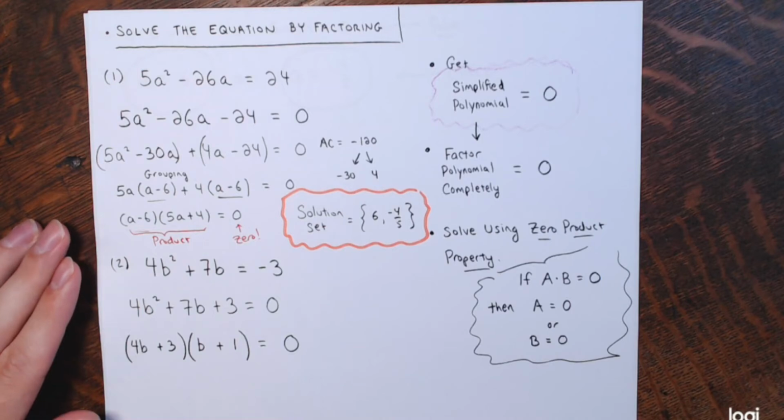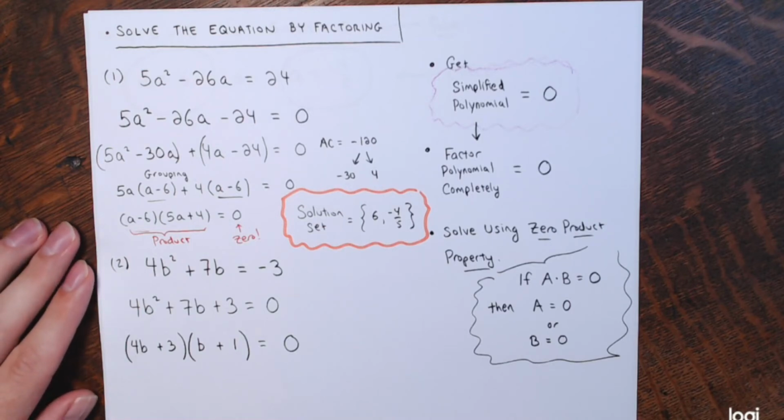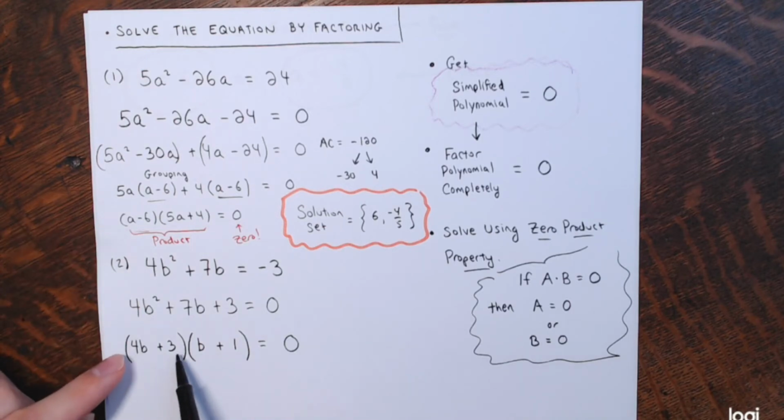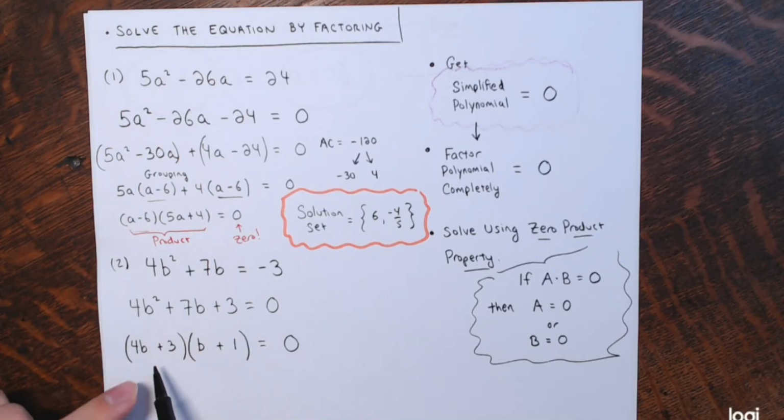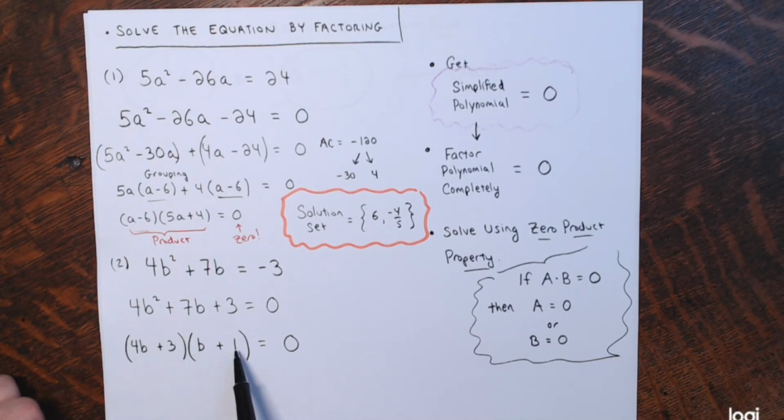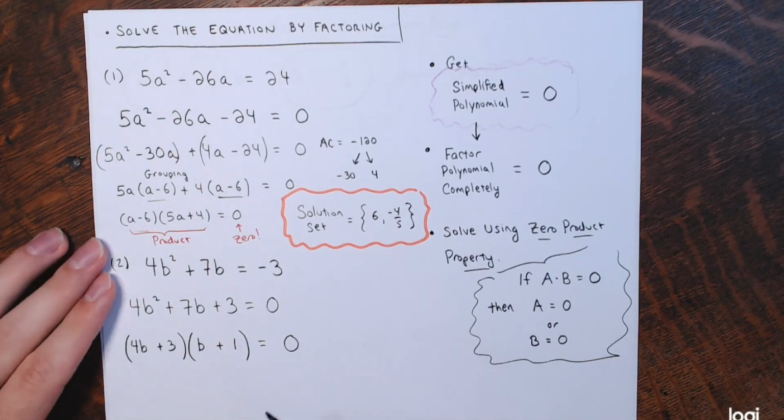Right? 4b plus 3 times b plus 1 is the factorization of 4b squared plus 7b plus 3. So you can do that through guessing and checking, or that AC method, as I did earlier. Okay, and again, you can double check your factoring by multiplying. This would be 4b squared plus 4b plus 3b would be plus 7b and then plus 3. Right? So it is correct.